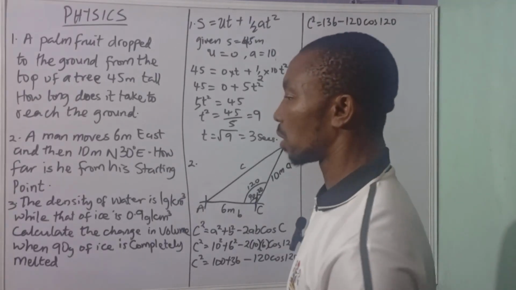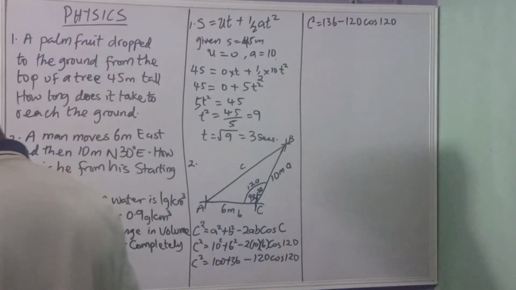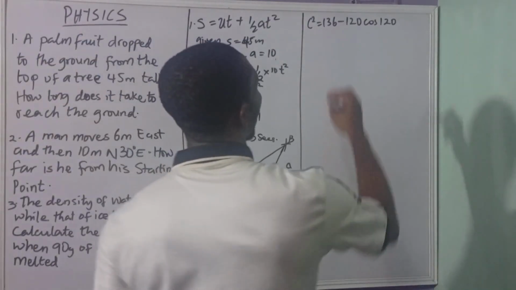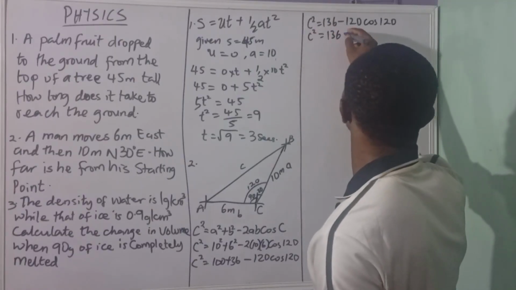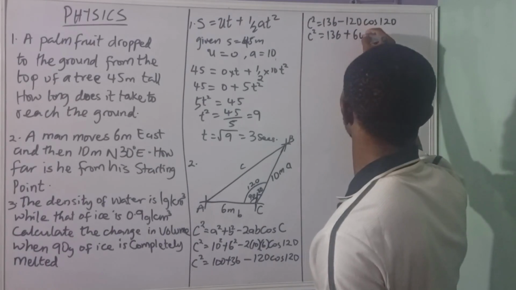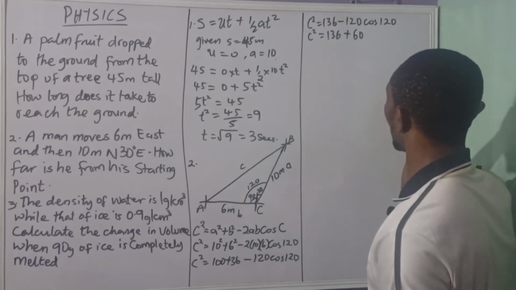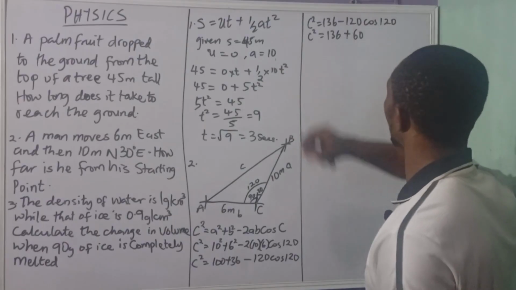Now cos 120 gives us minus 0.5, and minus 0.5 times this gives us plus 60.